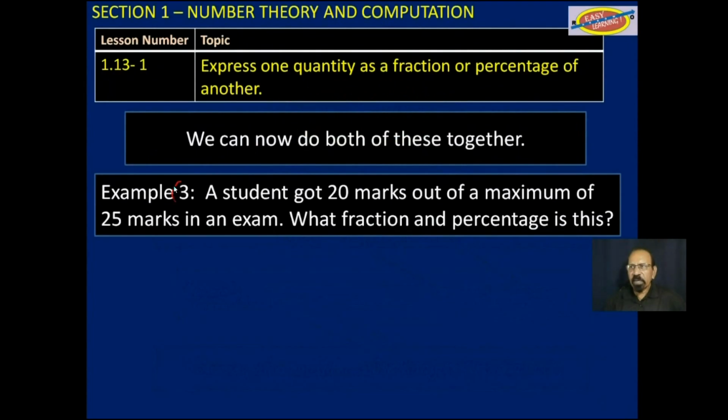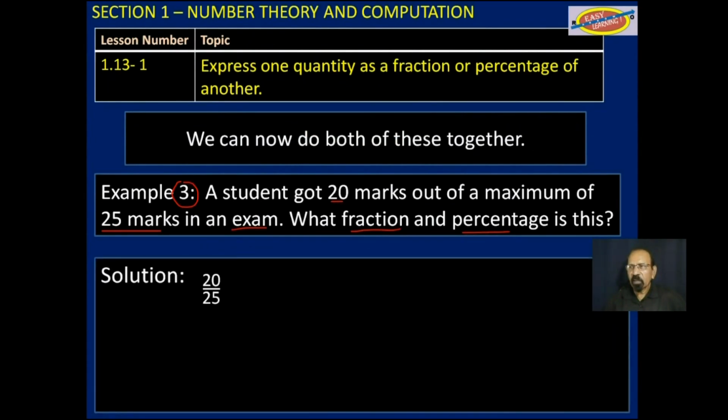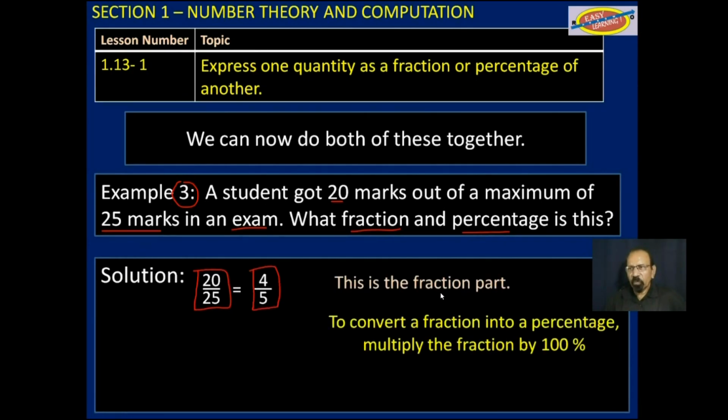So let's continue with example 3. A student got 20 marks out of a maximum of 25 marks in an exam. What fraction and percentage is this? So 20 out of 25, that's a fraction. We can reduce that to 4/5. And then we can convert that fraction to a percentage.